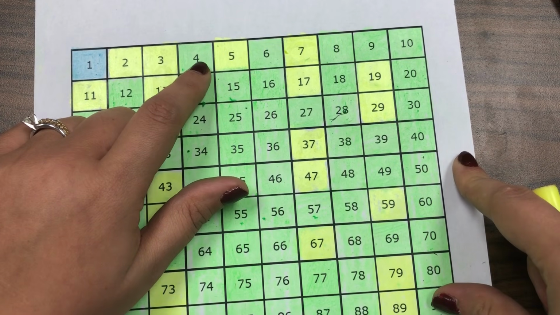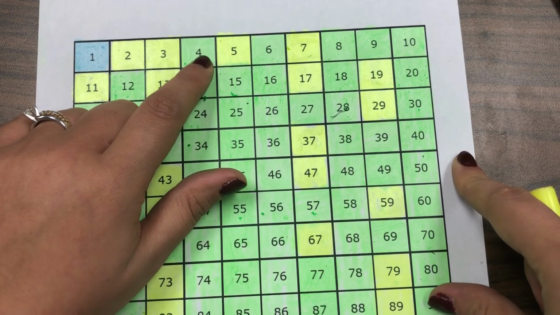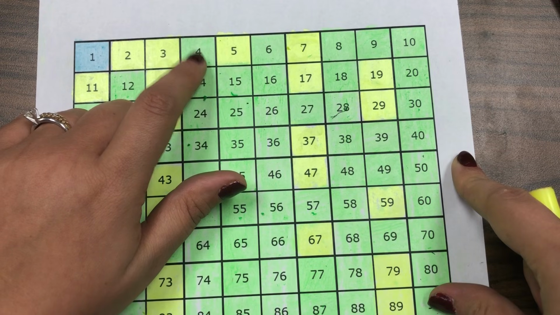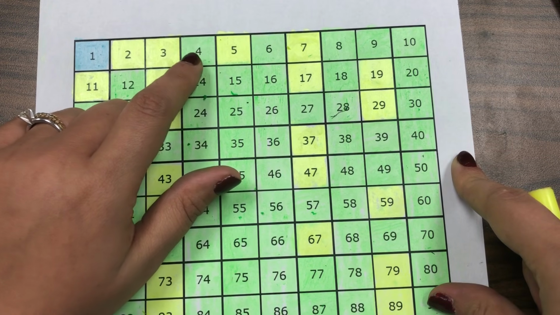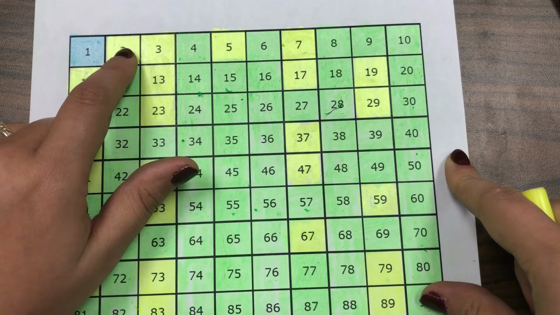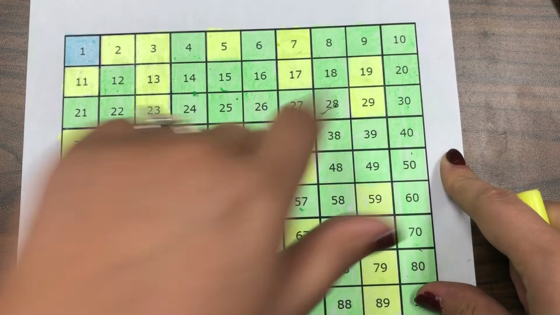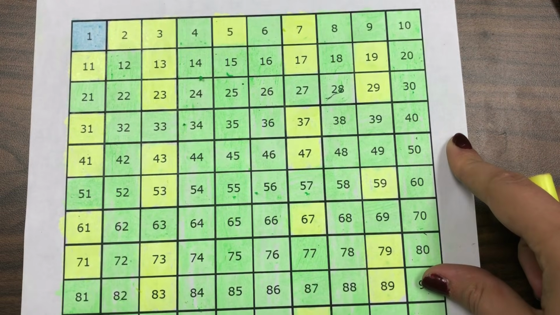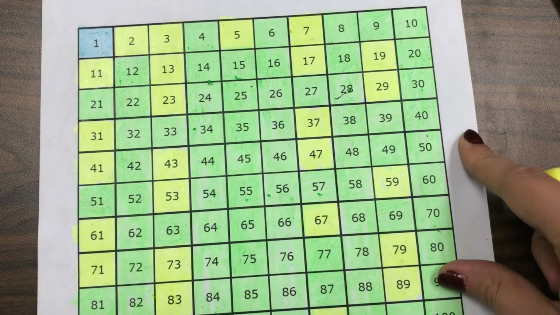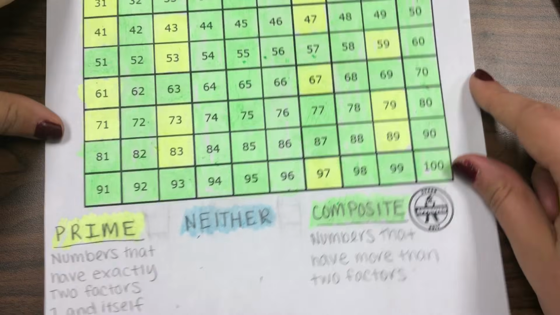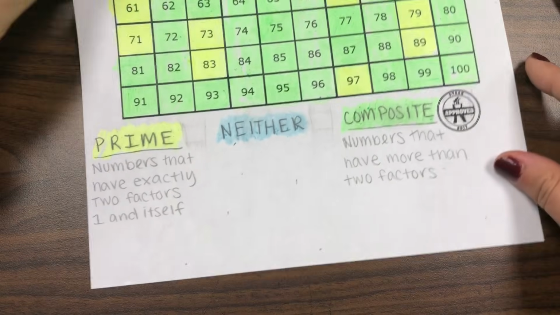So for example, 4, I can multiply 1 times 4 and 2 times 2. For all of these prime numbers, the only numbers I can multiply to get them is 1 times that number, and that's it. Hope this was helpful.